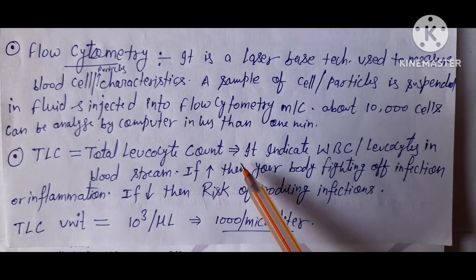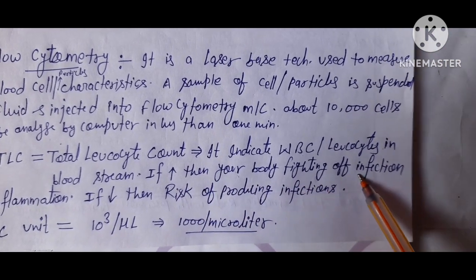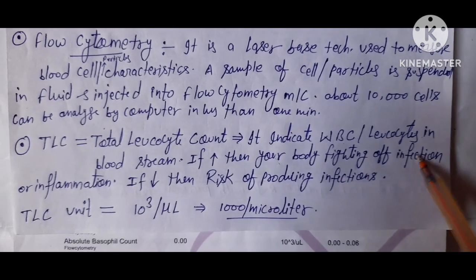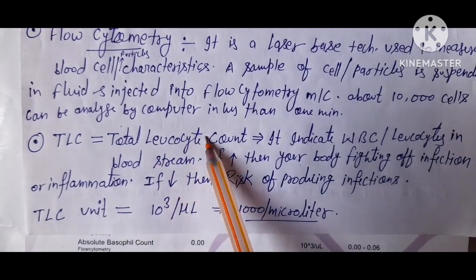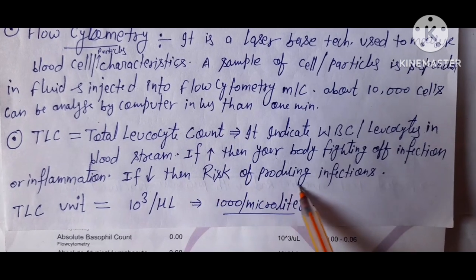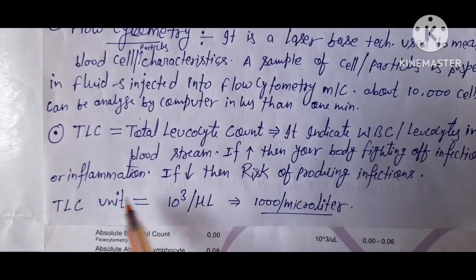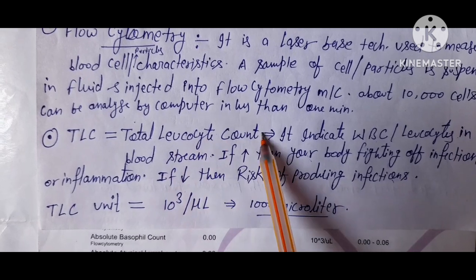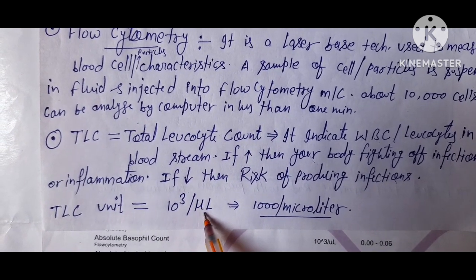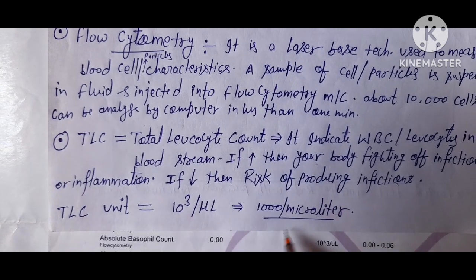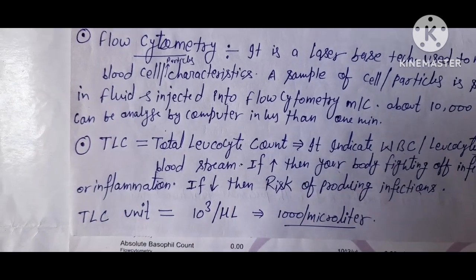If TLC increases, then your body is fighting off infections or inflammation. If the leukocyte count is decreased, then there is a risk of infections. And the unit of TLC, total leukocyte count, is 1000 per microliter.